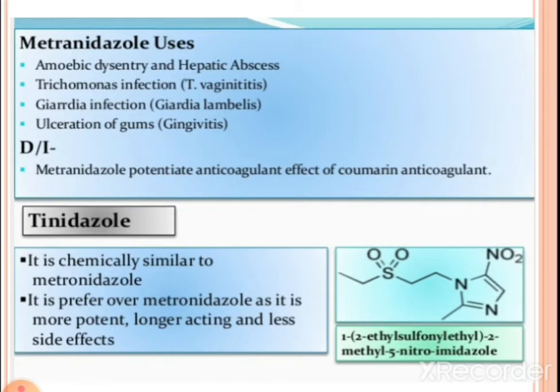Nitrogen at 1,3, at second position CH3, at first position CH2 S double bond O CH2 CH3, and at fifth position there is a nitro group. So the IUPAC name of tinidazole is 1-(2-ethylsulfonylethyl)-2-methyl-5-nitroimidazole. So this is a structurally similar drug from the same class.